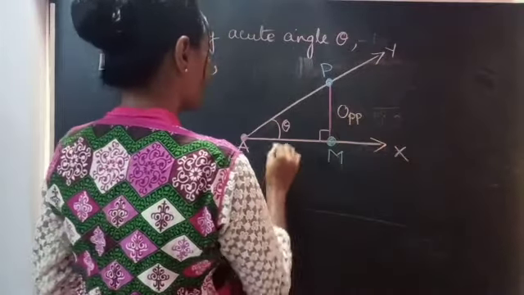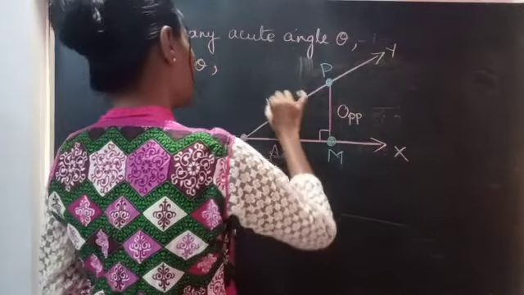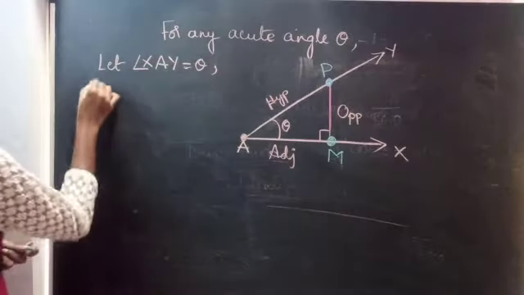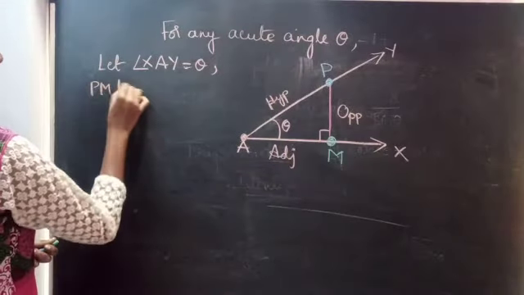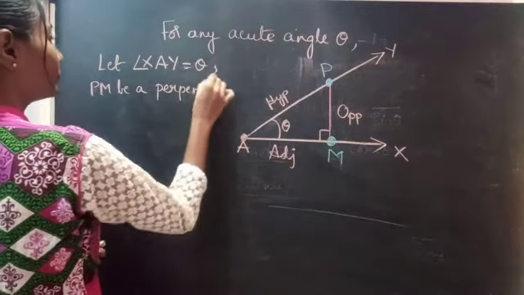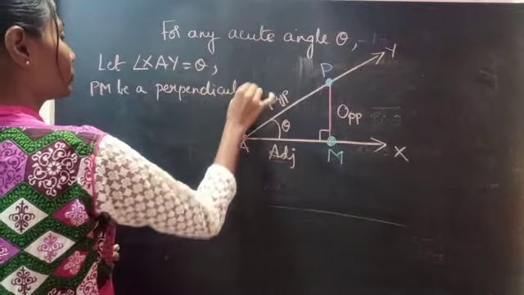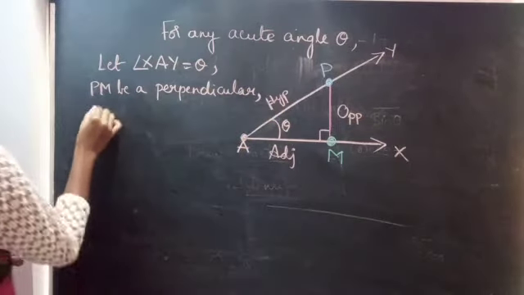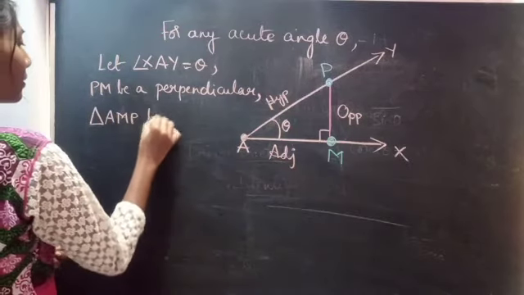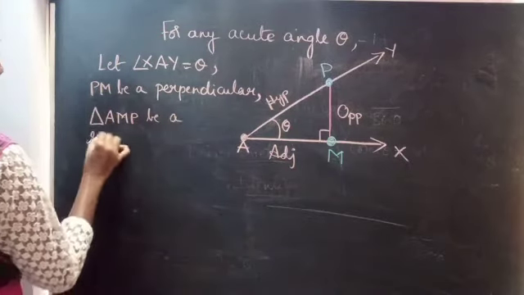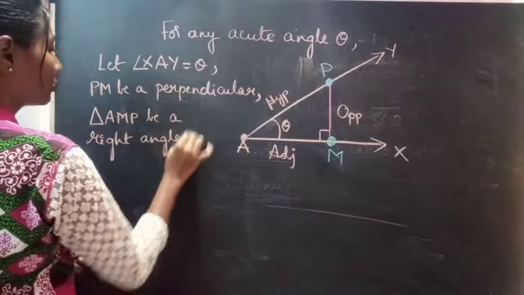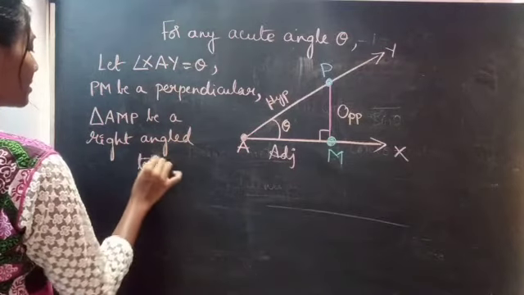Opposite side, adjacent side and hypotenuse. So PM be a perpendicular, and triangle AMP be a right angle triangle.